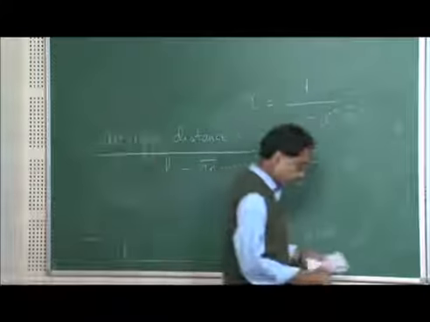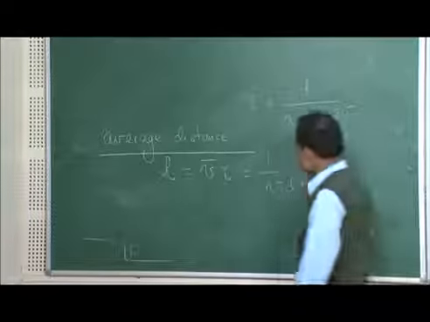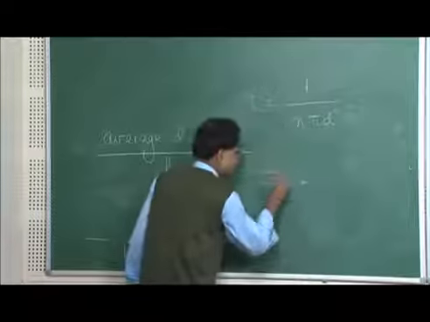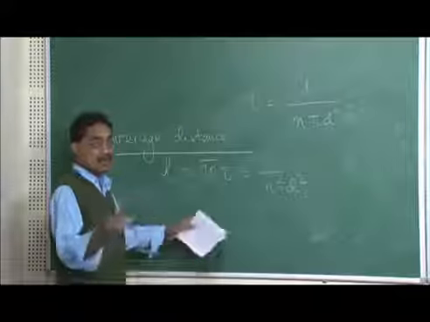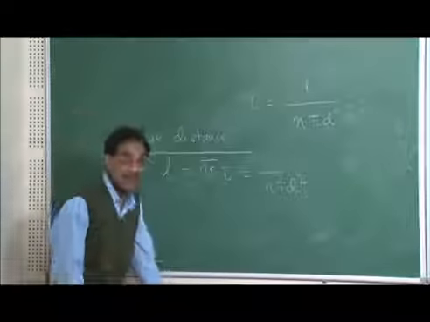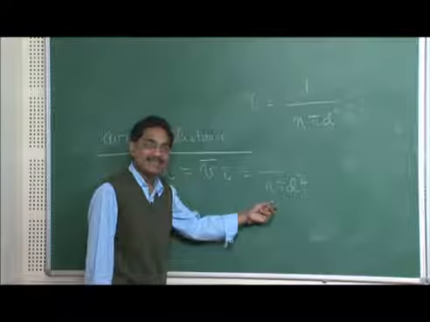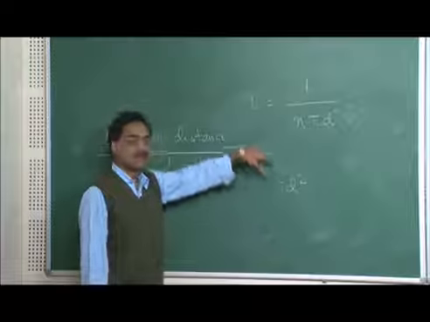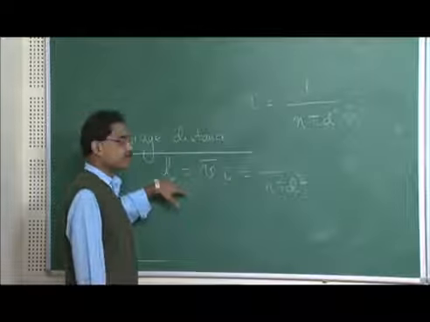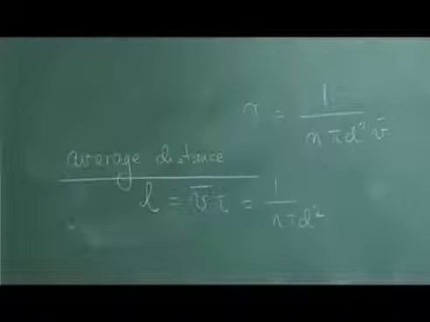So, this is the typical mean free path, which takes into consideration the fact that it is a dilute gas. But if it is too dilute, you see n is in the denominator, so this mean free path becomes very, very high.